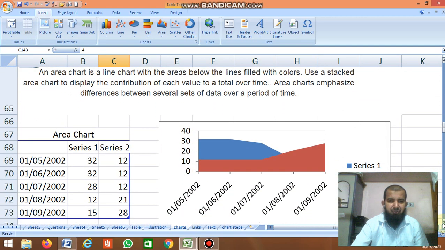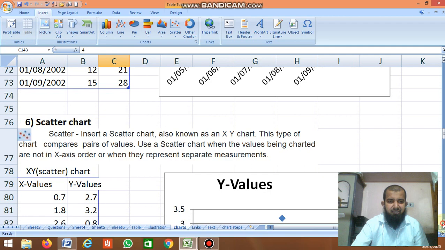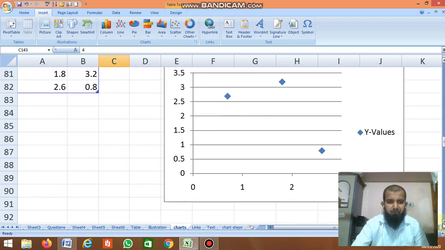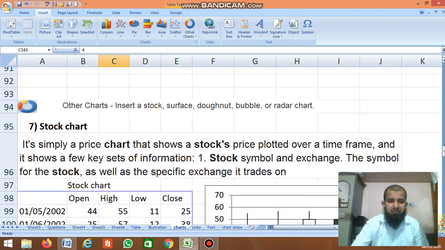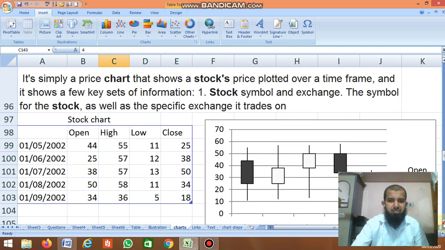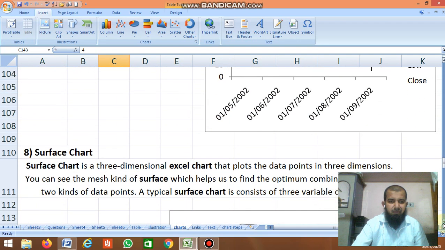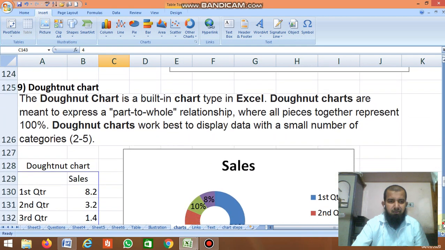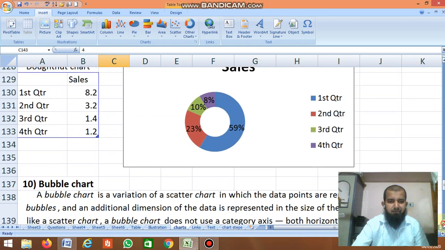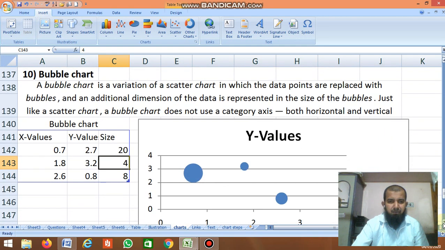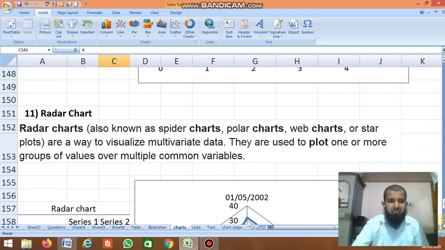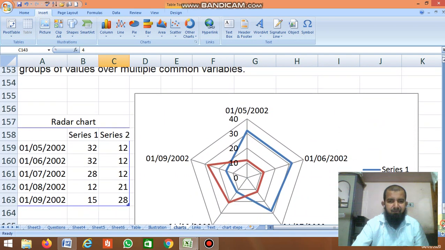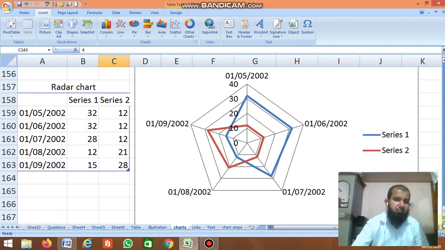Then scatter chart. In other charts, stock chart, surface chart, doughnut chart, bubble chart, and the last one is radar chart. You must draw the diagram in the exam.